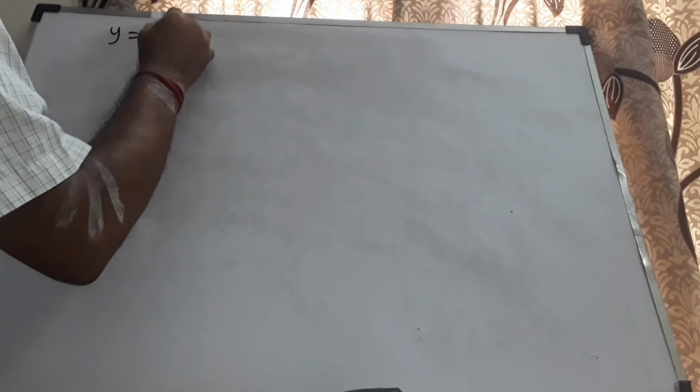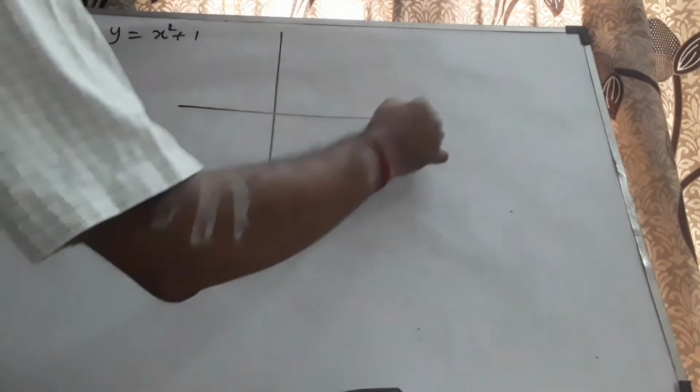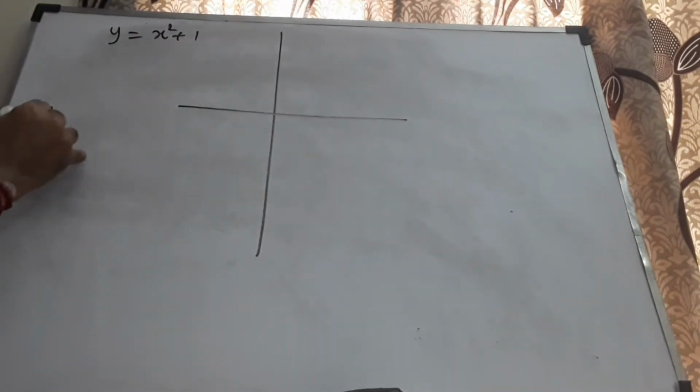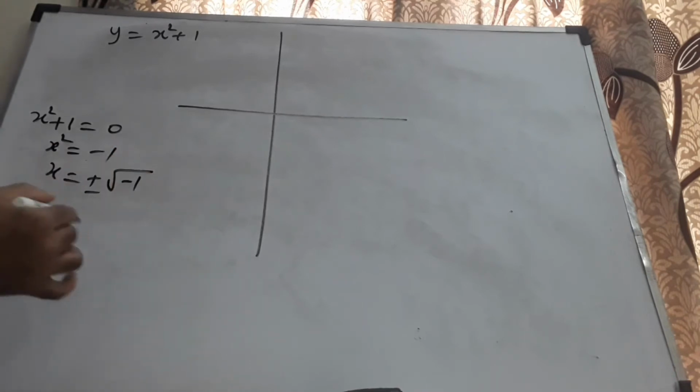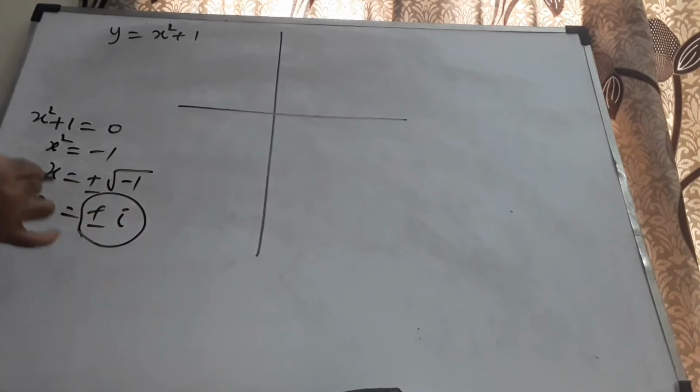Just take an example like this. Y is equal to x square plus 1. Just listen carefully. If I do the usual process, I'll get x square equal to minus 1. Here I mean x equal to plus or minus root minus 1. I call it a complex number. Root of minus 1, I call it i, which you are going to learn only in higher mathematics.